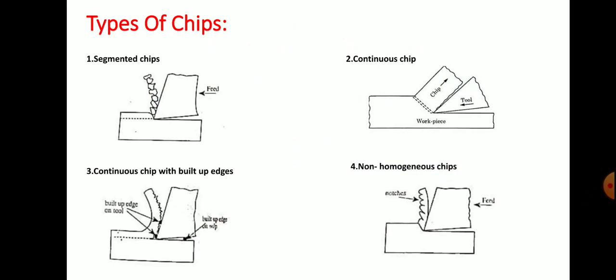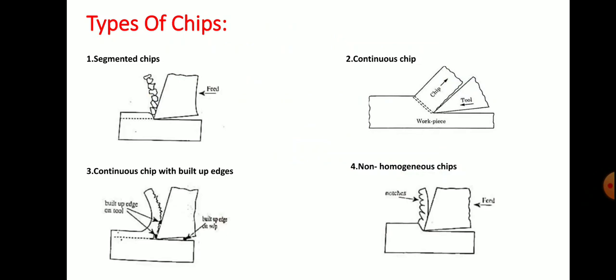So types of chips are basically divided into four parts, that are segmented chip, continuous chip with built up edges, and non-homogeneous chip. Now let us go through this one by one.